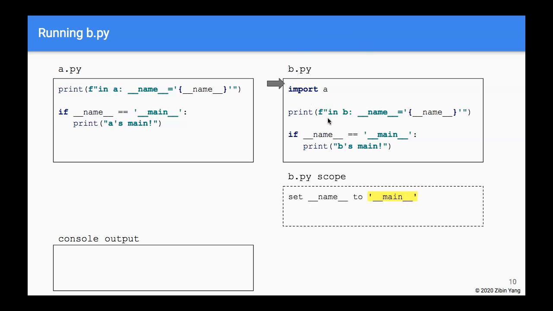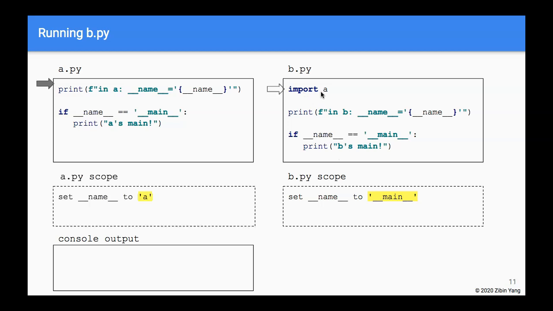When we first run b.py, before we even execute a line of code in it, Python sets the dunder name system attribute for b.py to main, because right now we're executing b.py. Now it executes the line import a.